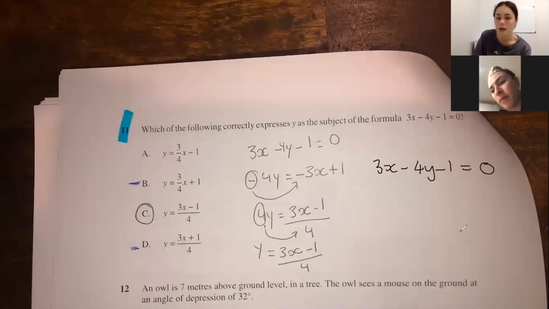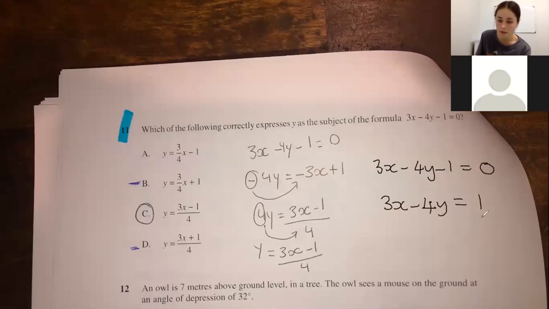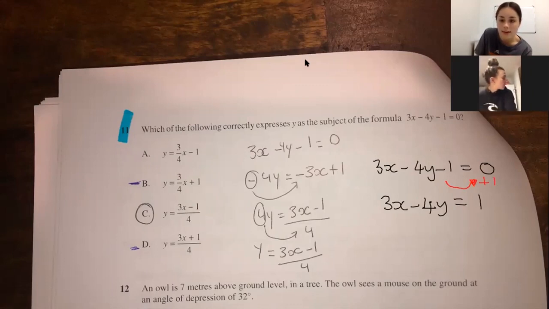Yeah. And so the first thing I would do is probably take the 1 over. So 3x minus 4y equals 1. Is that cool?